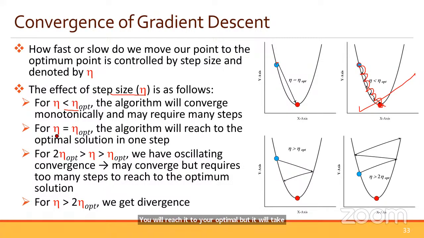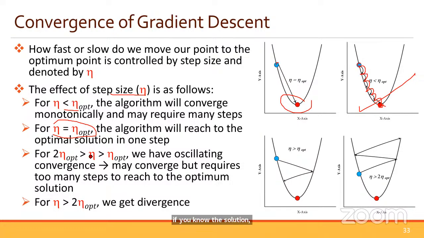The second scenario is where your step size is equal to the distance from here to here. It is optimum. It will take you directly to the optimum, and this is so difficult, we're not able to have it. Basically, this will happen only if you know the solution, which will never happen.